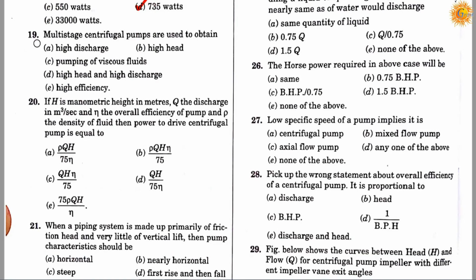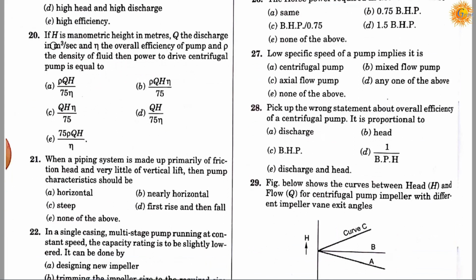Question number 19. Multi-stage centrifugal pumps are used to obtain option A, high discharge, option B, high head, option C, pumping of viscous fluid, option D, high head and high discharge, option E, high efficiency. So the correct answer is B, high head.